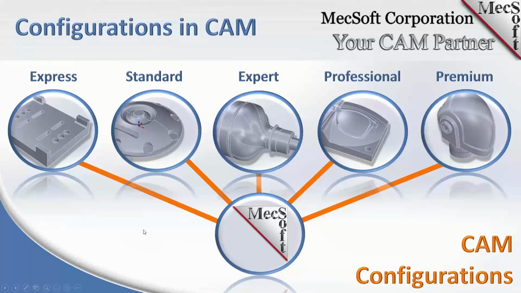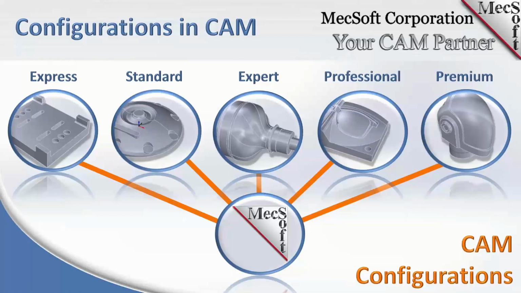Now, if you look on this slide, I've got part models in each one of these little balloons here, and we're going to be using a tool and die theme for the examples in this demo, but obviously it's not reserved to tool and die.